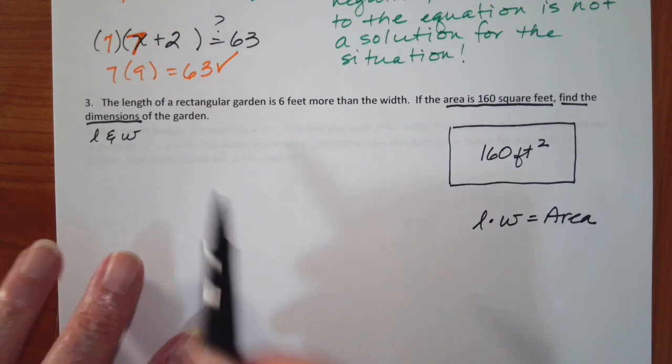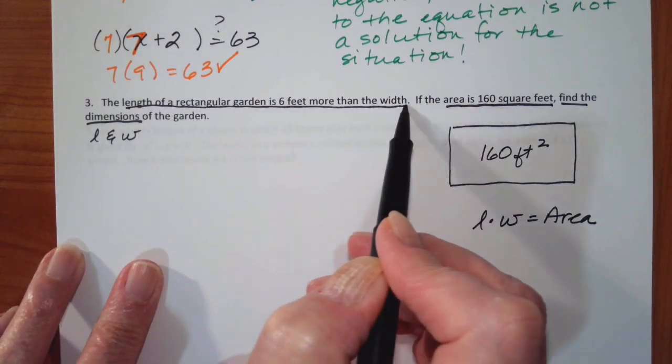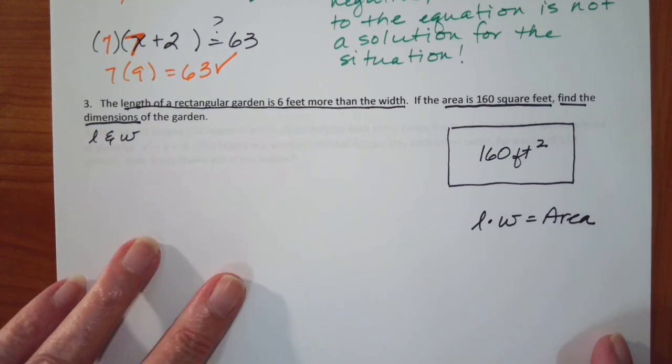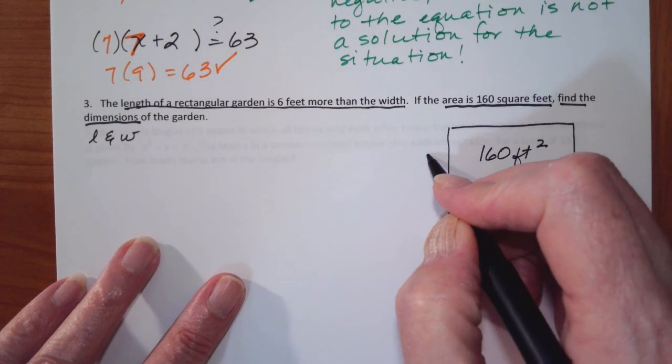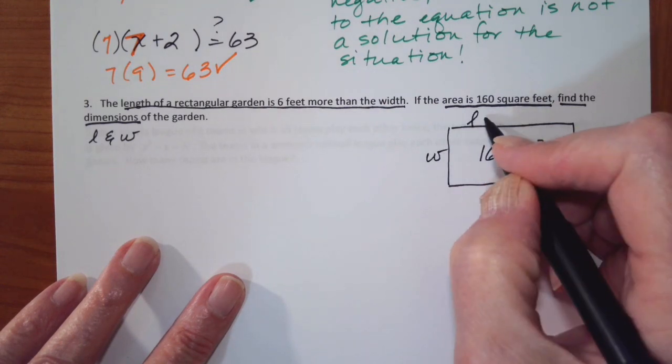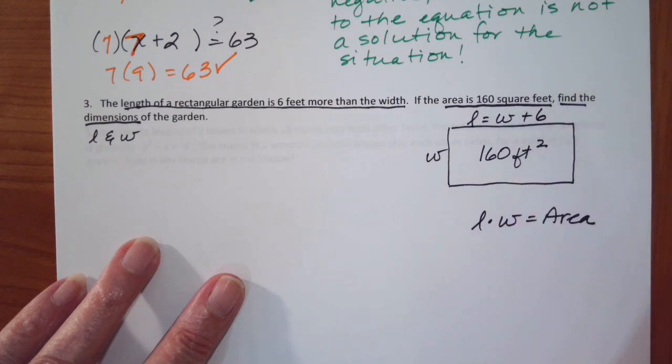And the other thing it tells me is that the length of the rectangle is 6 feet more than the width. So I know this is width times length, but I know that the length is the width plus 6.